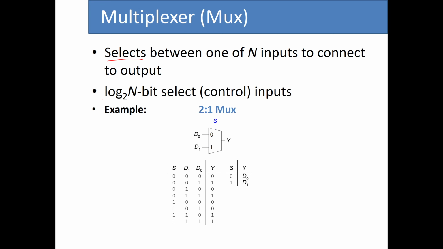So if you remember from before, we said that if we have, let's say, 3 bits to represent a number, we have 2 to the power 3 or 8 possible combinations for this number. So anything between 0, 0, 0 all the way to 1, 1, 1 could be represented using 3 bits.